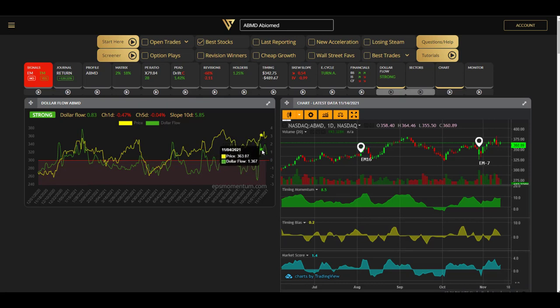It shoots up, it's really high up, and then the stock is really having some positive days. So it's really a super good indicator of whether money is flowing into the stock or not.